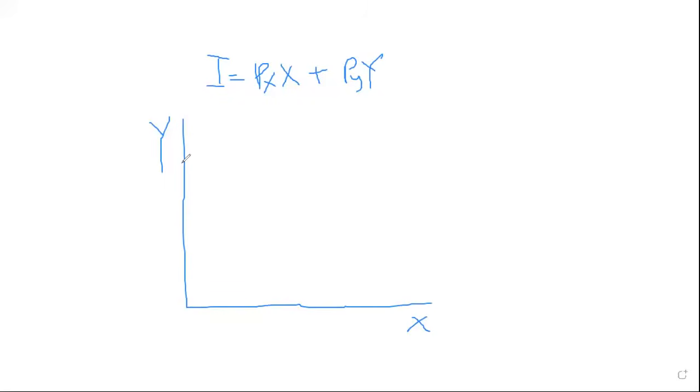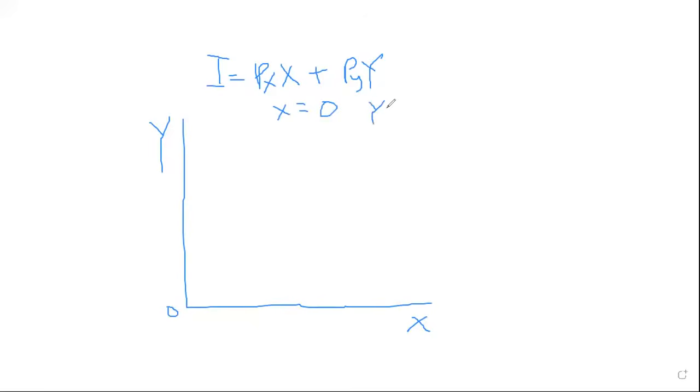To find the point on the Y axis, assume X is 0. If the consumer does not spend anything on commodity X, but spends all his income on commodity Y, what will be the quantity of Y that the consumer will purchase?